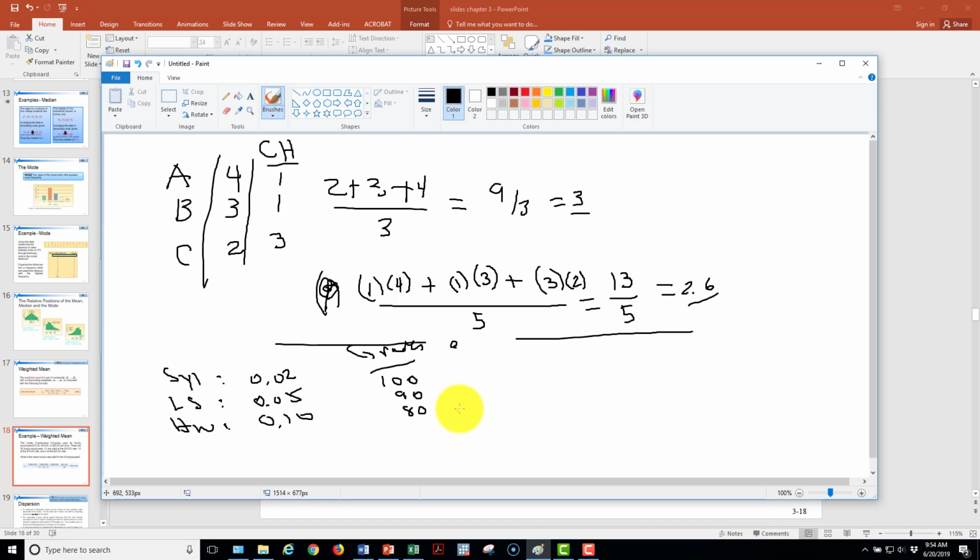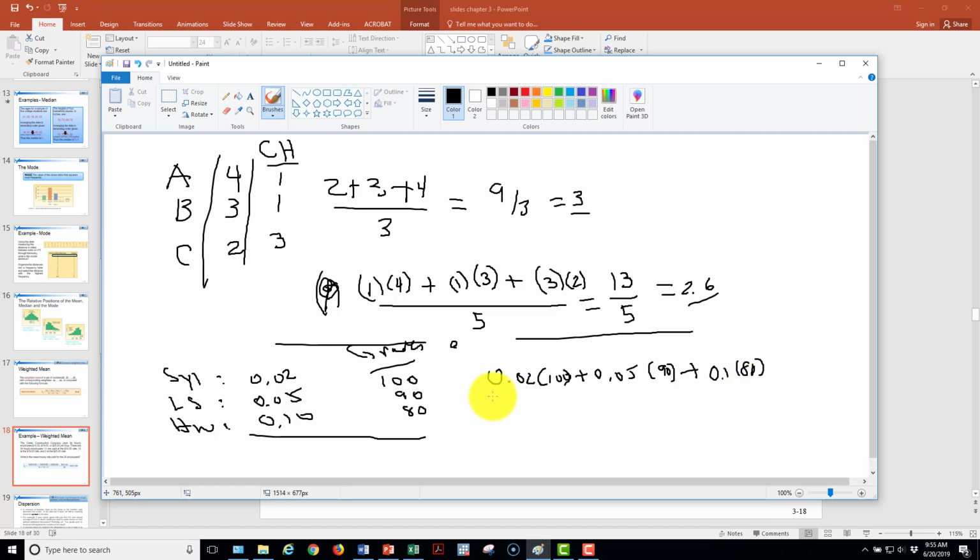Your grade just before taking a test would be 0.02 times 100 plus 0.05, the second weight, times 90 plus 0.10 times 80.